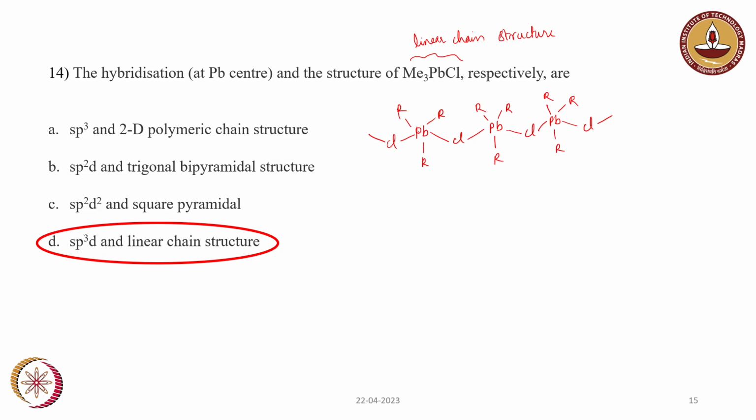And there are other organolead complexes like Cp2Pb. It forms a polymeric structure in solid state, and in gas phase it's a bent structure.